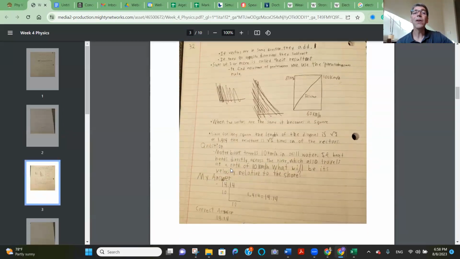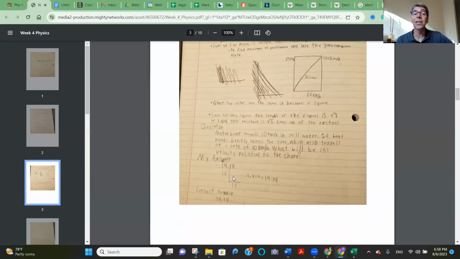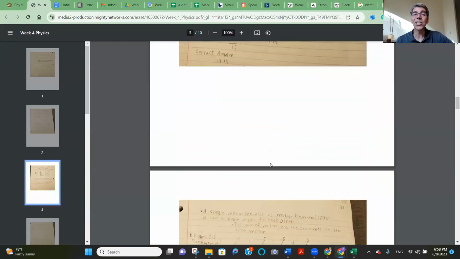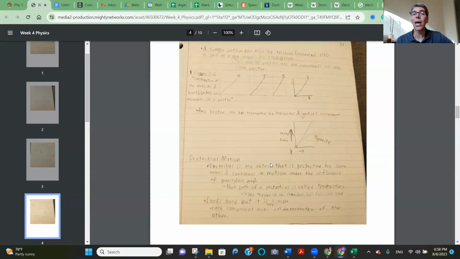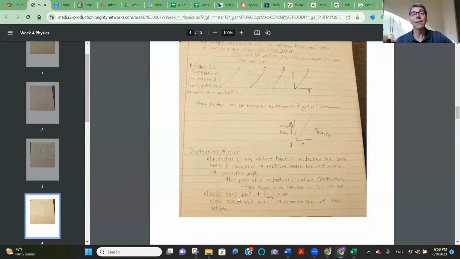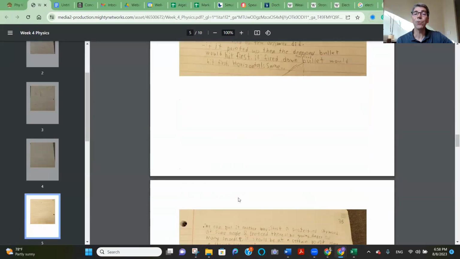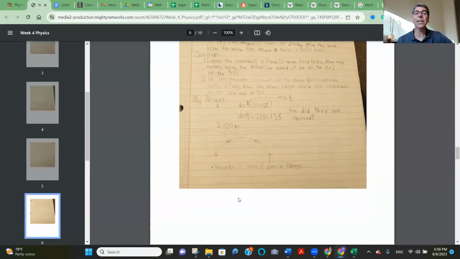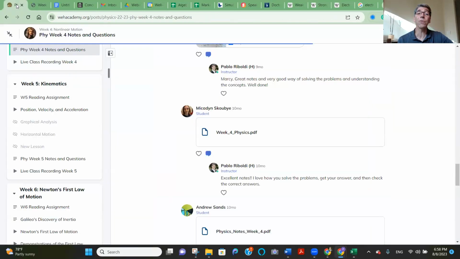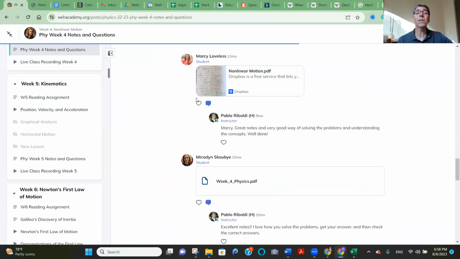The reason why we do this by hand is because it's a lot easier to draw things and make formulas by writing them than trying to do this online. So this is an example of the type of notes that I'm expecting. These notes are very, very good from this student.